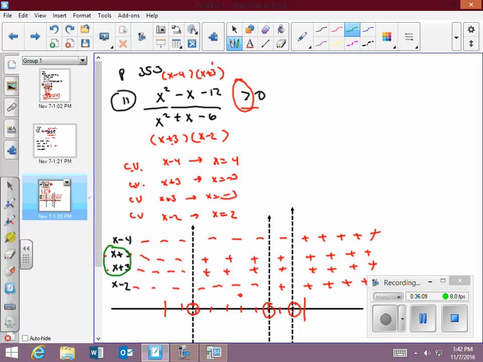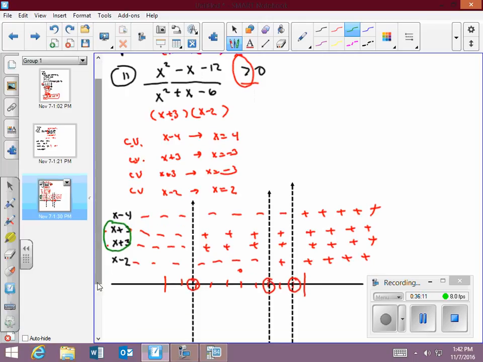Now down below here, we are actually getting the whole thing, x squared minus x minus 12 over x squared plus x minus 6, because that's just all of those factors put together, correct? So to the left of the first critical value, which is -3, I have 4 negatives, so I get a positive.